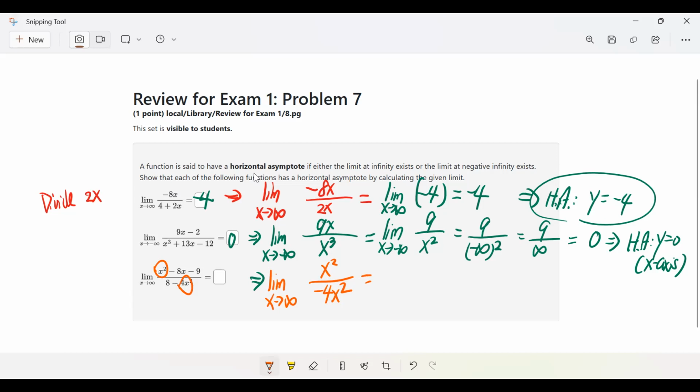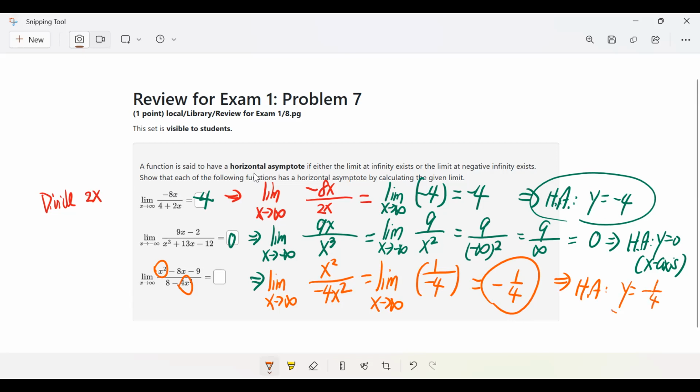So simplify, x squared gets cancelled. The limit as x approaches infinity is 1 over negative 4. That's a negative quarter, so negative quarter is our horizontal asymptote. In simple language, the horizontal asymptote is y equal to negative quarter. That's the one. So the answer is negative quarter. Okay.